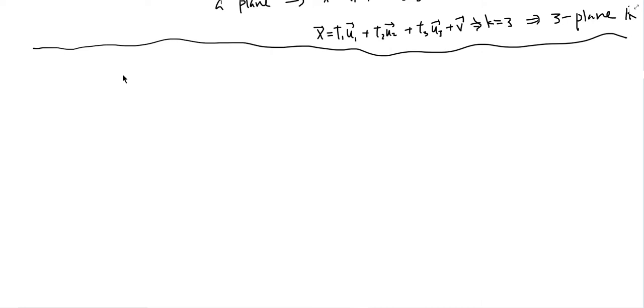A K-plane basically has the same exact equation as a regular plane, but a plane has two direction vectors, while a K-plane would have k direction vectors. So today we're going to start with a very special K-plane.